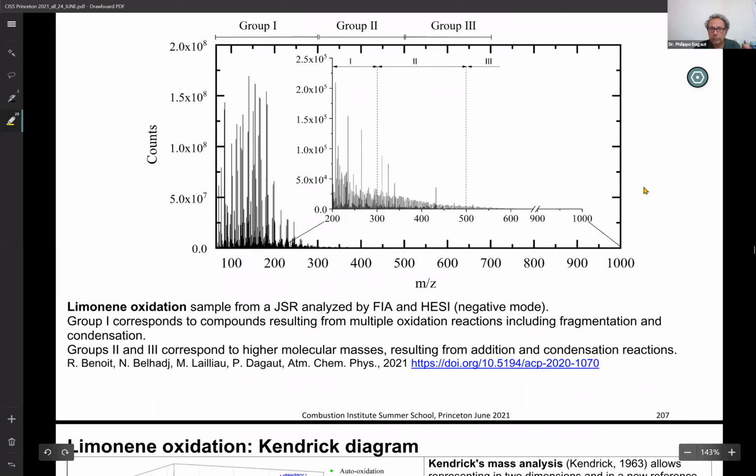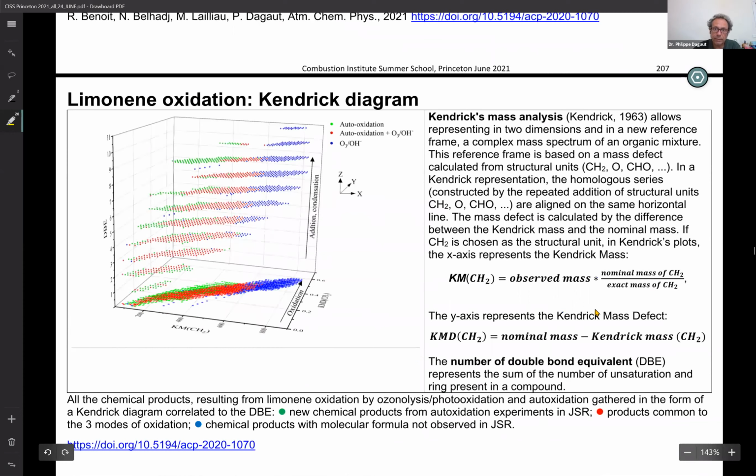And we can use this representation, this Kendrick mass defect.